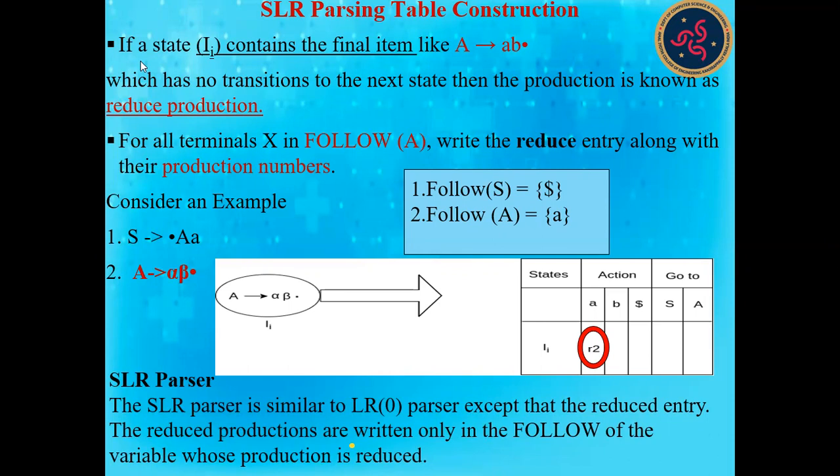If R2 is here, you have to write R2 in this column also. But in the SLR parser, the entry is restricted only to the symbols which come under the follow of that particular non-terminal. So that is the only difference between the table construction of SLR and LR parser.